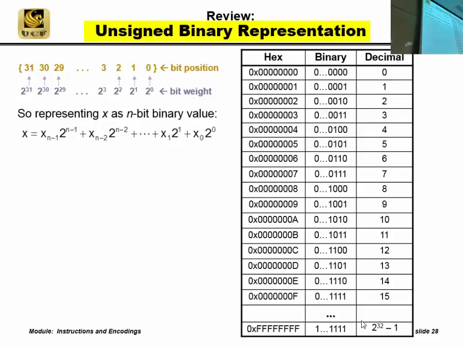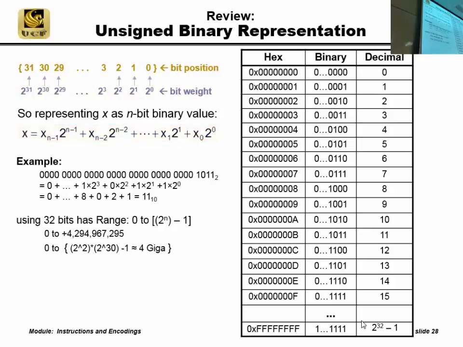Here's a nice table to understand. And we've already talked about this so many times, but now we see it here. This is our bit position number. Each bit has a weight. So it's actually implementing this equation. So x is actually a weighted sum of a coefficient, which is the bit value, 0 or 1, times its position.